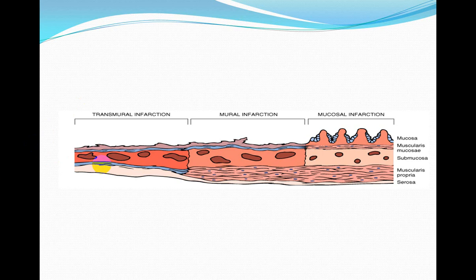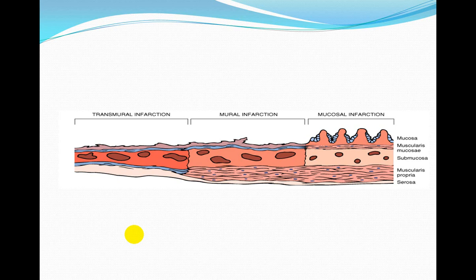This will result in intestinal rupture. This gangrenous segment will rupture because it will be distended by gases produced by the bacterial growth. So with distension, the thin wall segment of the intestine will rupture, and then the intestinal components will leak into the peritoneum with their bacteria.